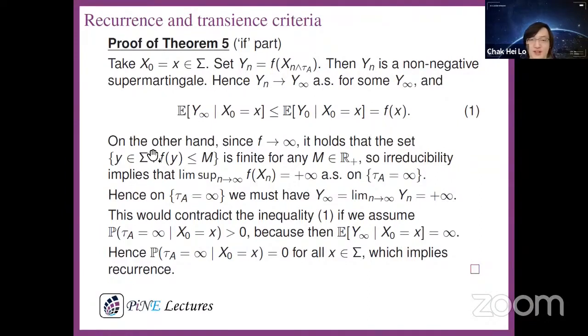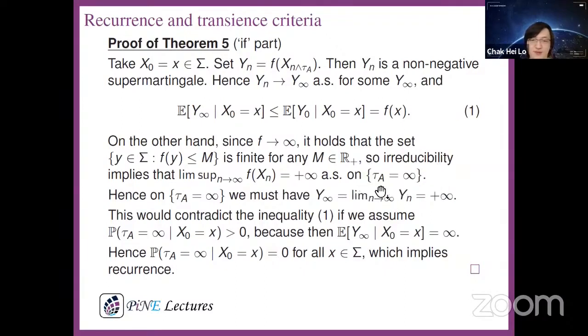On the other hand, since this f goes to infinity, it holds that the set of y in Σ with f(y) less than M is finite for any M. So if you look at the set of all the y's with f(y) less than a certain fixed number M, then this set is finite. So by irreducibility, this implies that the lim sup of f(X_n) is positively infinite, almost surely, on this event.